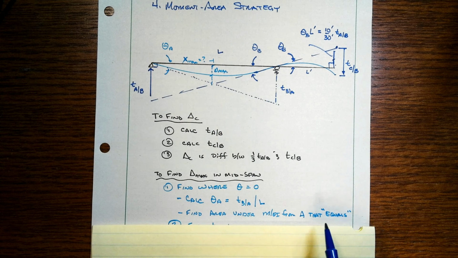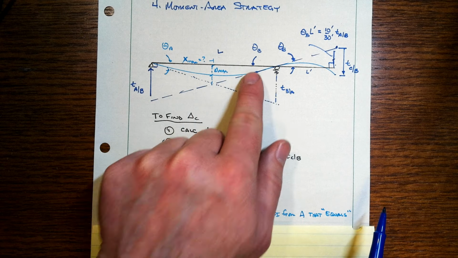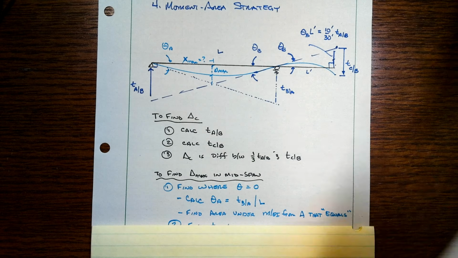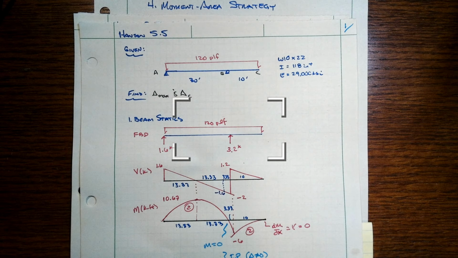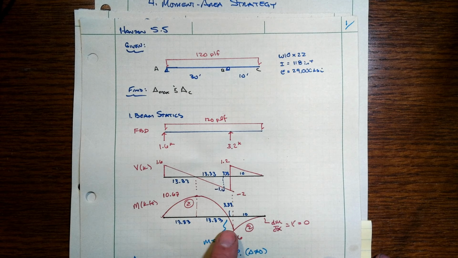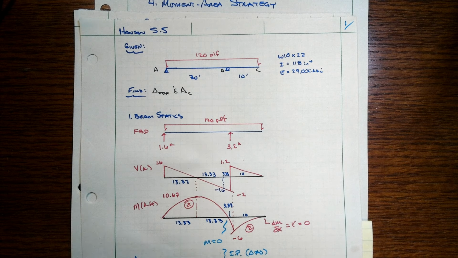That's not going to be easy to calculate, and I did it this way as opposed to working with theta B, because it's actually easier with theta A than theta B because of that moment diagram. Right? Because you're working with either this area over here at the left, or you have to deal with this positive negative area business, and that's not going to be easy to work with.